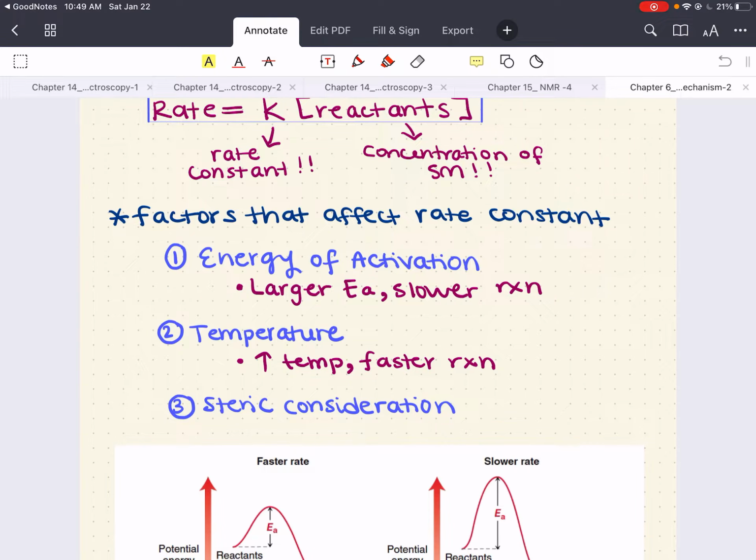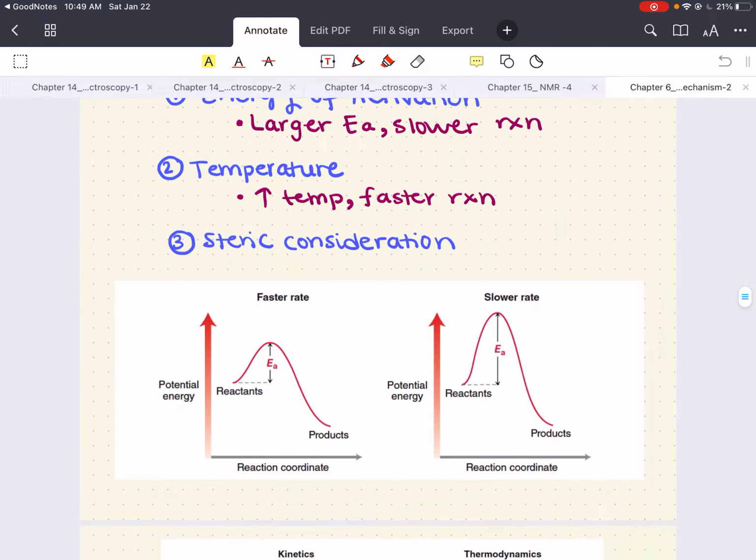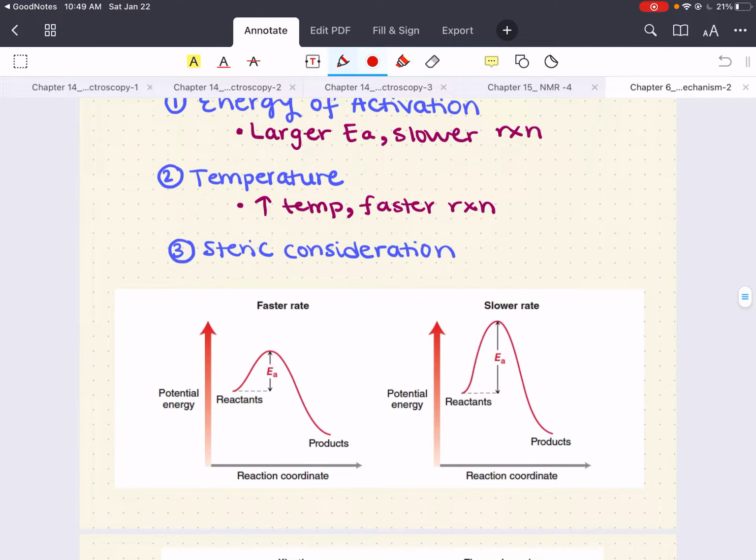Here you can see a graph of a small activation energy versus a larger activation energy. If your reaction has a lower activation energy, it doesn't take as much energy to get your reaction going, whereas a reaction with a larger activation energy will go a lot slower.